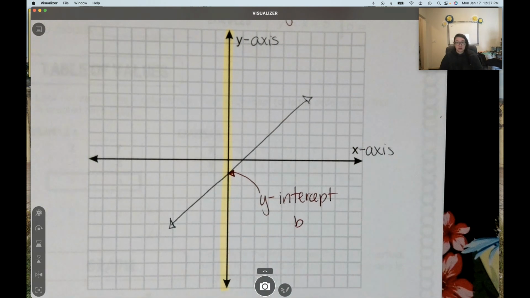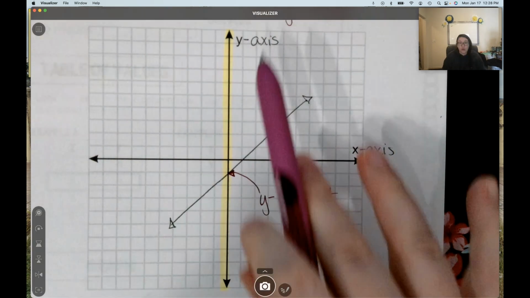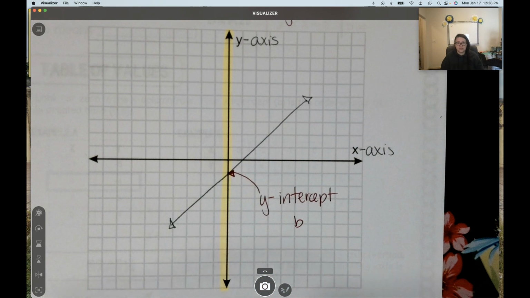That is my b. So when you see these equations, when you see these tables, when we're talking about the y-intercept, when we're talking about the b, we're talking about this tiny little point on a graph.